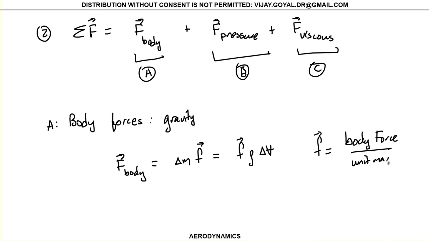This is how it is expressed in this term. So this is important because that means that if I'm working only with gravity, this is nothing else than acceleration, right? Like gravitational acceleration.